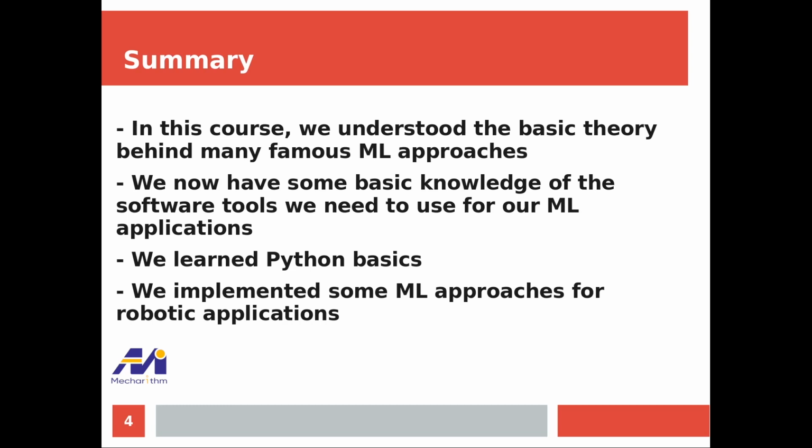We also learned Python as a programming language, and we implemented some machine learning approaches for some robotic projects, and hopefully this course will help you design more complex machine learning applications in the future for some robotic applications.